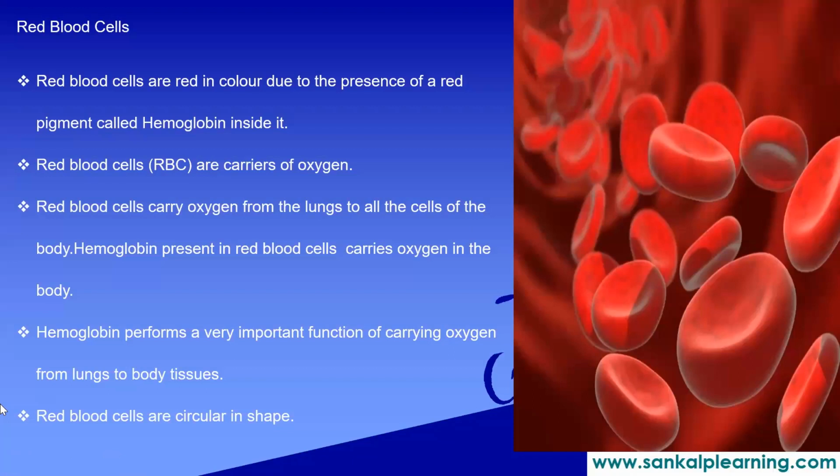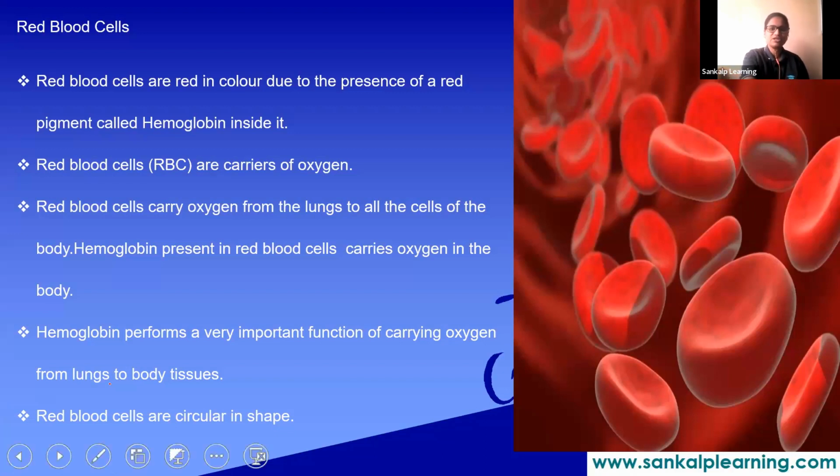Yes, ma'am. Okay. So the next concept here is red blood cells. Red blood cells, in Kannada we call it Kempu Rakta Kanagalu. So which are the cells which are present in the plasma? These red blood cells are there, no? These are red in color. Why are these red in color? These are red in color because of a pigment called hemoglobin, guys.